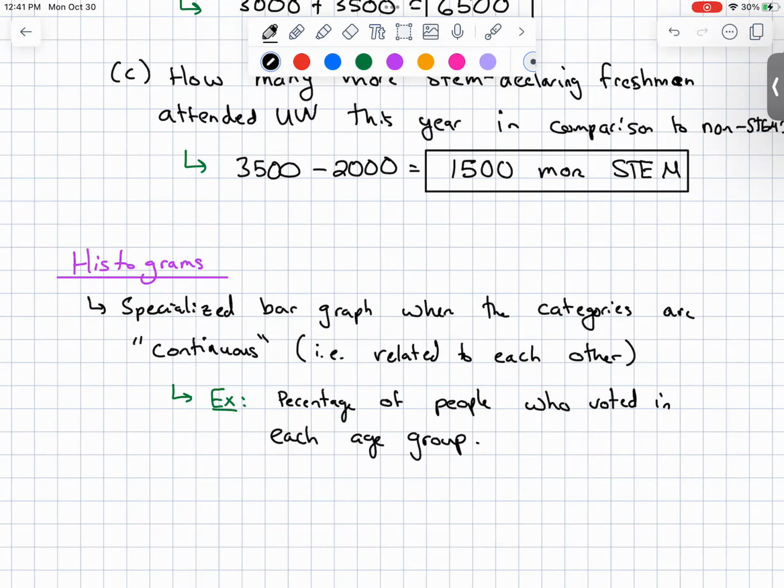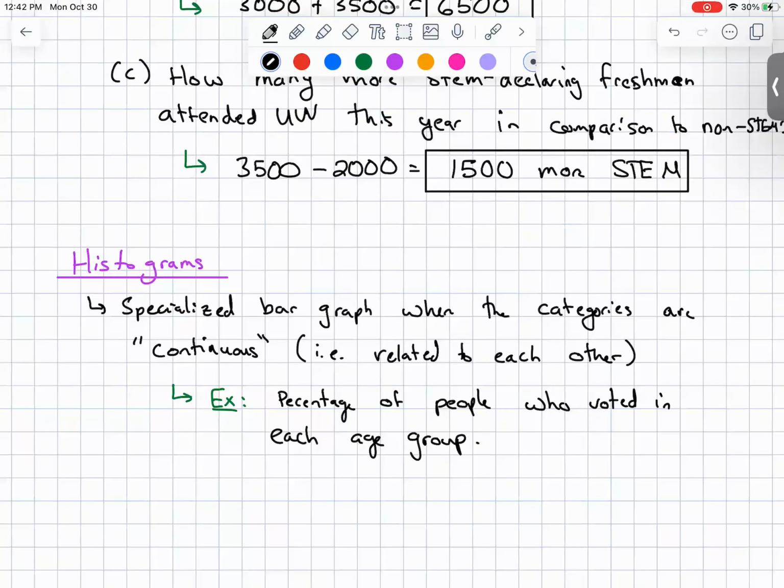That might be a good example of a histogram situation because all the things are continuous. Like you have the 18 to 25-year-old, the 25 to 40-year-old or whatever, and you break it down based on those little age group gaps to figure out what percentage of that age group is voting each year.